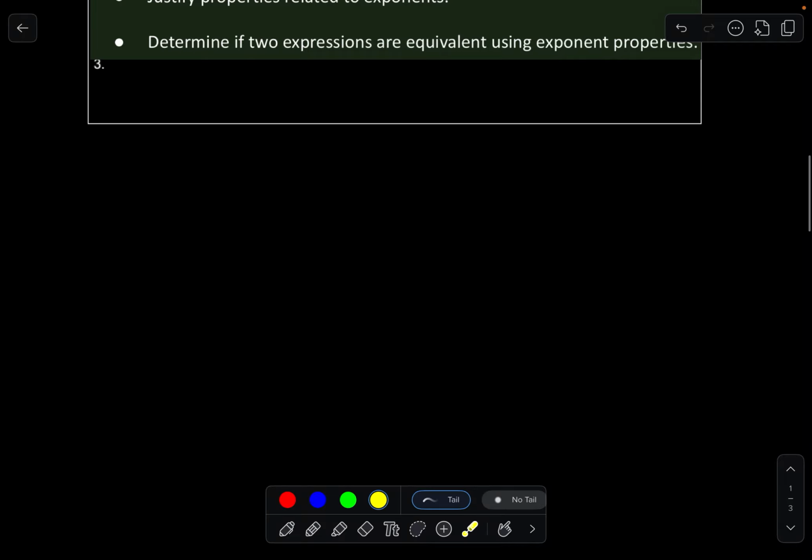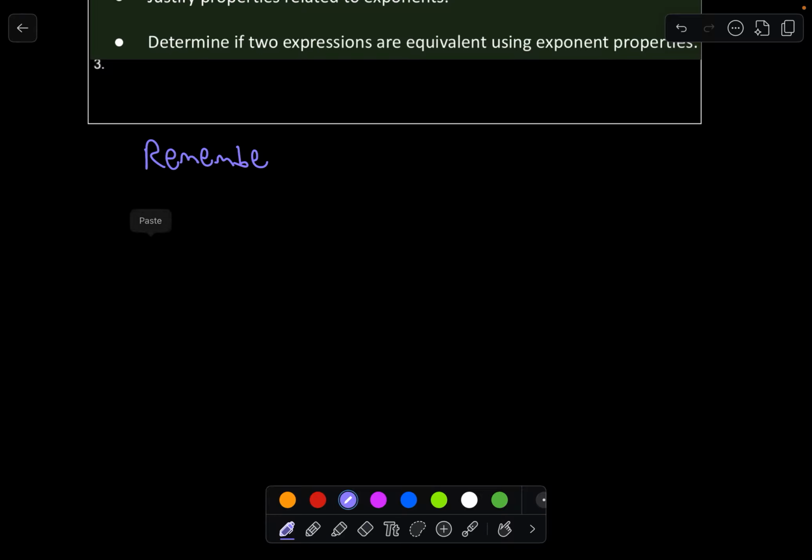Basically, well, before we do that, let's do this. Remember, if you have 3 to the second power, that literally means 3 times 3. Or 6 to the fourth power is 6 times 6 times 6 times 6.